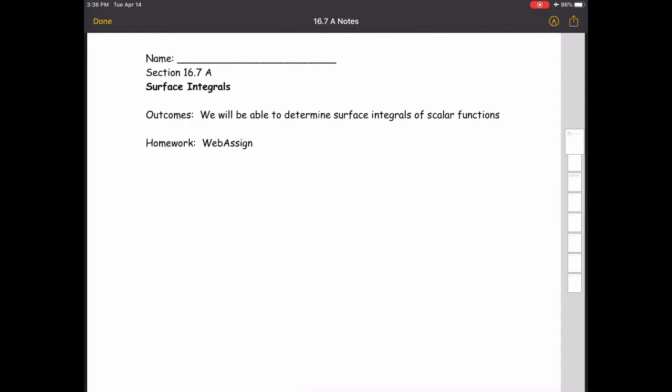Now, we've talked about already the idea of parameterizing a surface in order to be able to do this. So what we're looking at now, and this is probably the best idea that I can give, if we take the example, and by the way, I completely stole this from a good friend of mine who does this, so I'm using his example. I think it's a really good one.